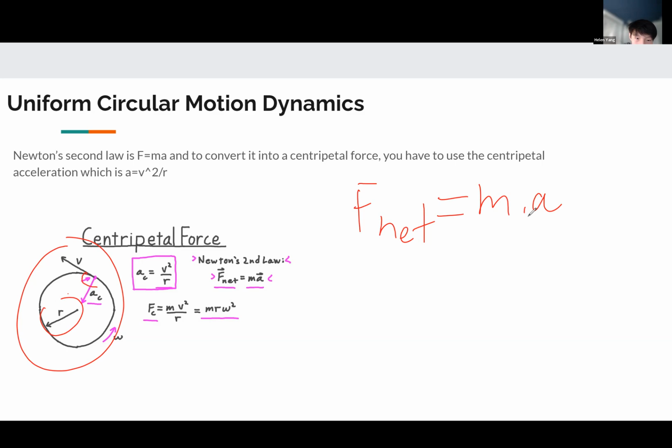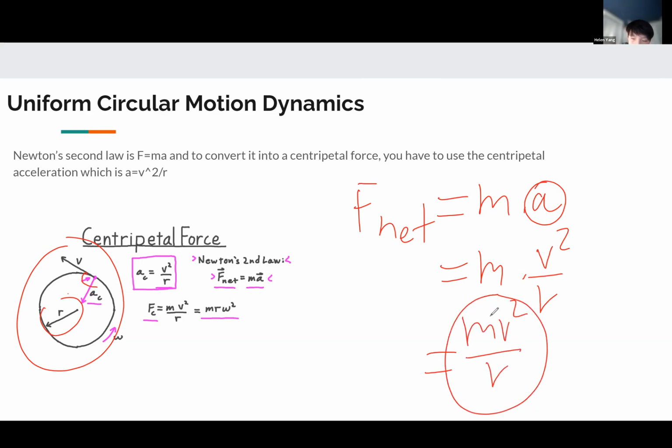To find the centripetal force in a uniform circular motion, you just plug in the centripetal acceleration. So it would be m times v squared over r. So the centripetal force would be mv squared over r. And we'll learn about angular velocity at a different time, so you don't have to worry about this part.